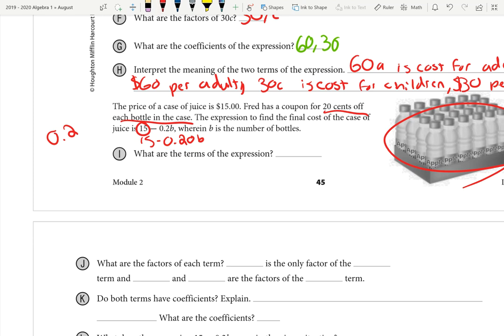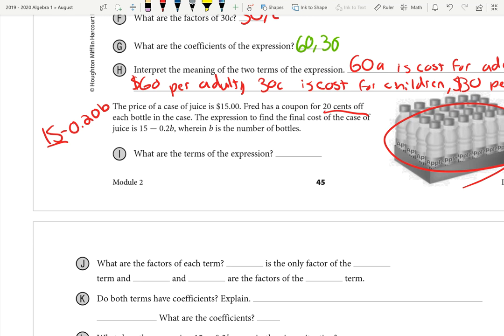But if it helps, I totally am down with it if you want to write it like this, just because it kind of makes it a little easier to understand. You can really see 20 cents a little bit better when you write it that way than when you write it the way they did. So I'm going to put it over here in the margin, 15 minus 0.20b. So $15, and then you're taking away 20 cents per bottle. Okay?